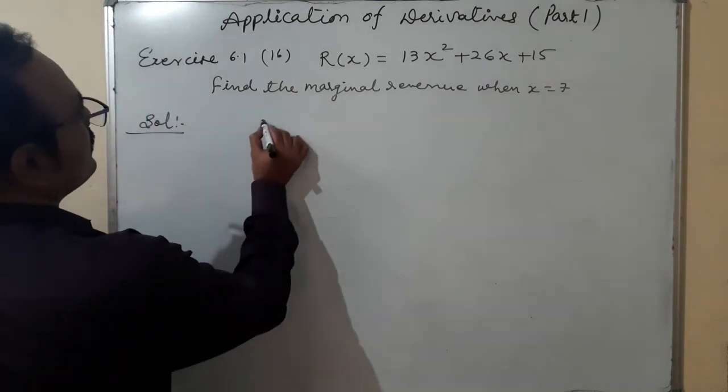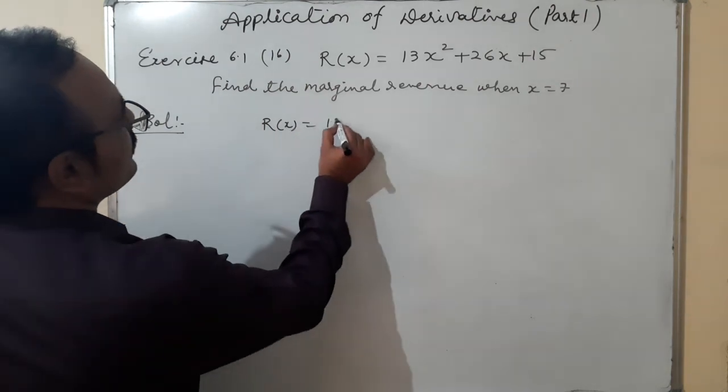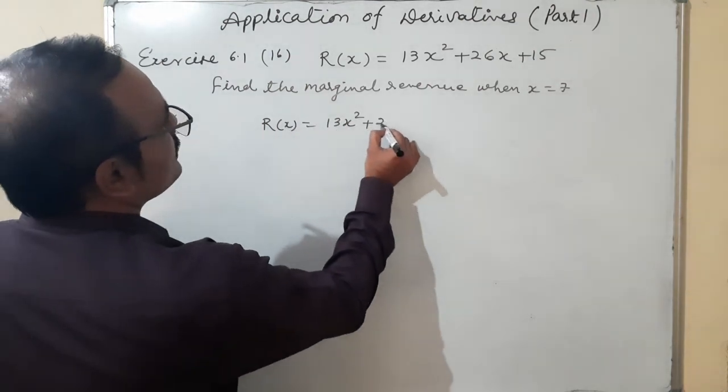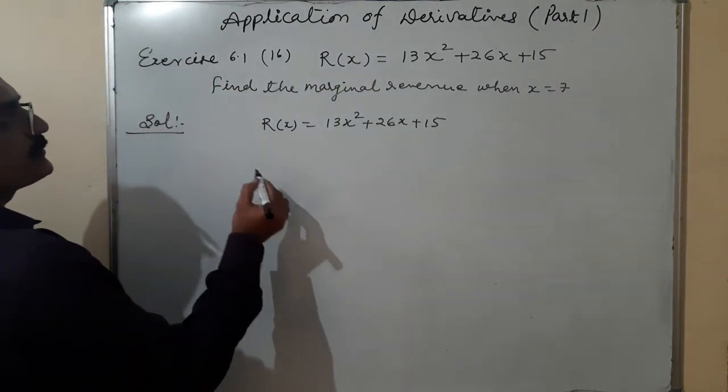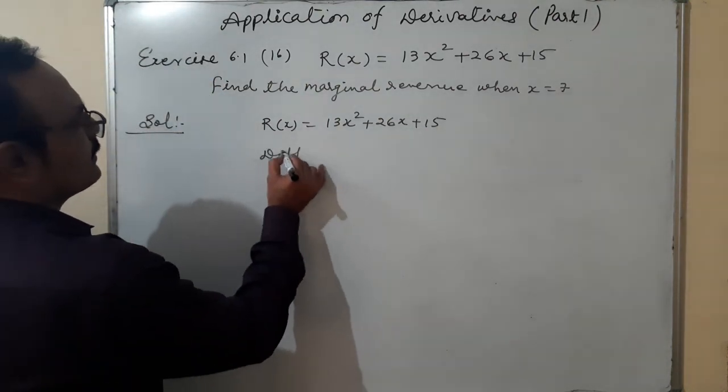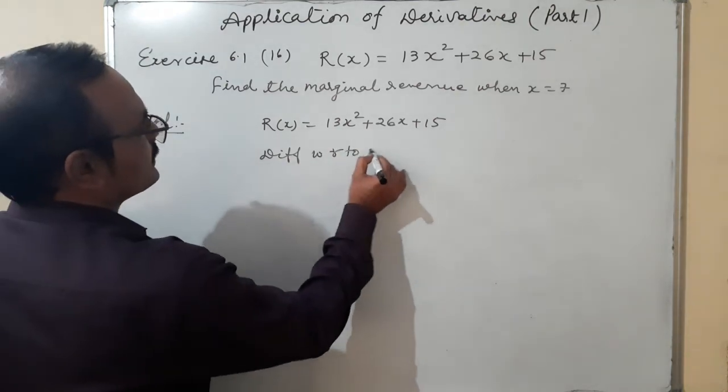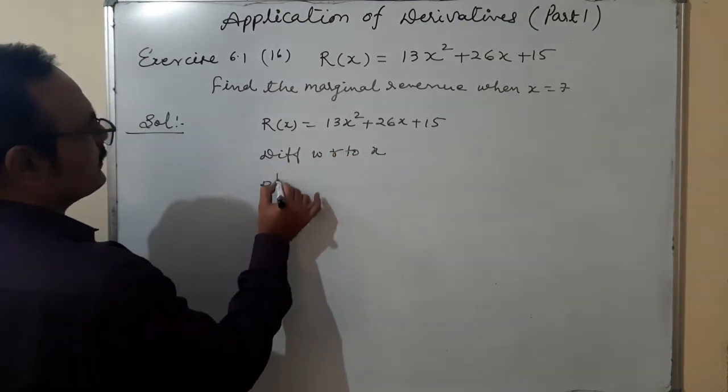So R(x) is equal to, the revenue equation is given, 13x square plus 26x plus 15. Differentiate with respect to x for finding the marginal revenue.